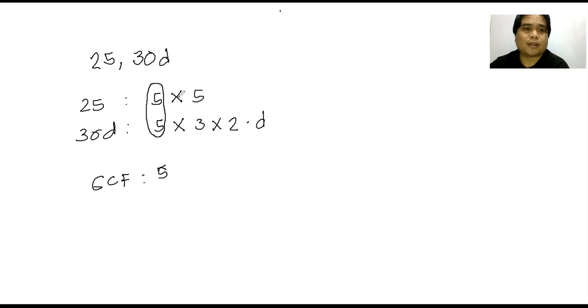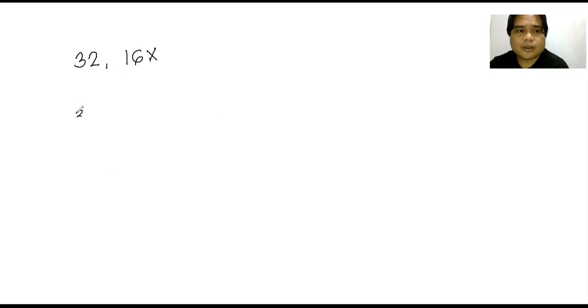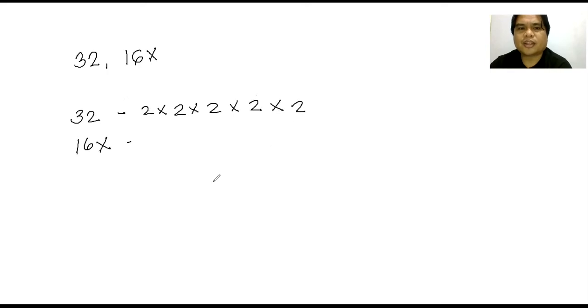Let's have another example. We have 32 and 16x. Again, let's list down the prime factors of 32. You have 2 times 2 times 2, that's 8, times 2, you get 16, and then another 2, you get 32.